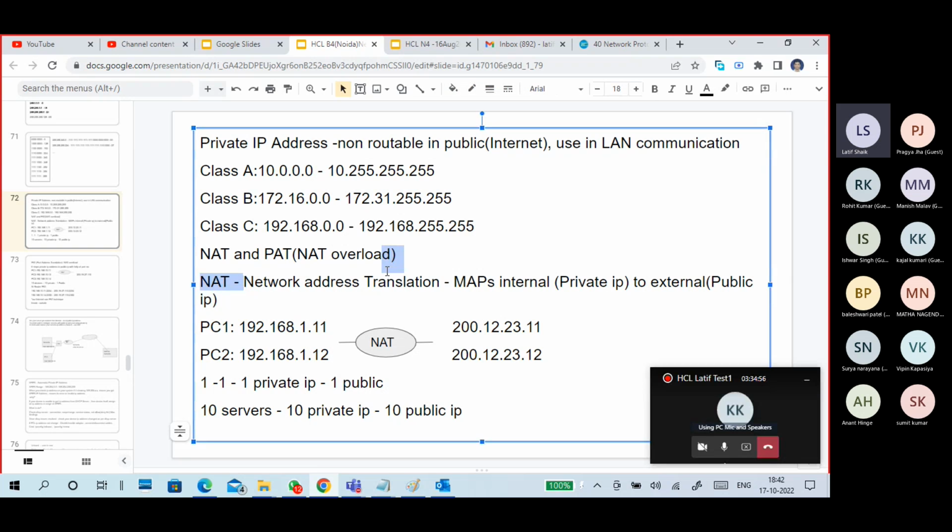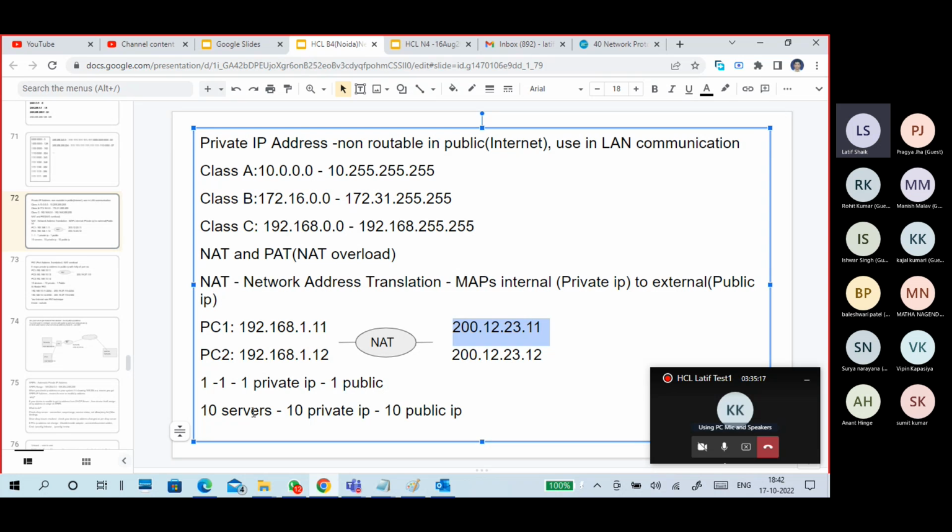What is it? NAT, network address translation. Network address translation maps internal, meaning your private IP, to external public IP addresses. So this is your internal IP and this is your public IP, so it is doing mapping.